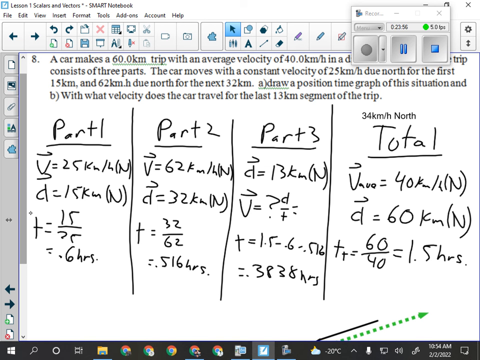So we're going to go through that stuff just to refresh our memory on how it works. And then once we're done that lab, we're going to go into vector addition. So we'll start the trigonometry part of the unit, and then we'll do acceleration after that. Okay. So let's have a look at that.